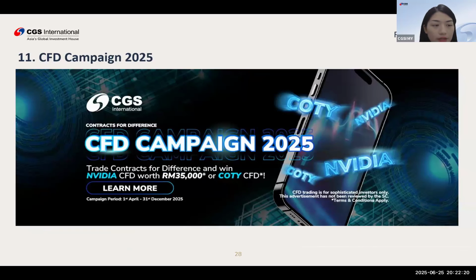And then currently we are running a CFD campaign. Every CFD client is automatically enrolled in it, so you don't need to do any registration and also there is no leaderboard competition. All you have to do is trade CFD that we offer, either from Bursa, Singapore, Hong Kong, Australia, Shanghai, and US exchange, from 1st of April to 31st of December. Winners will be rewarded based on their accumulated brokerage in their trading period.